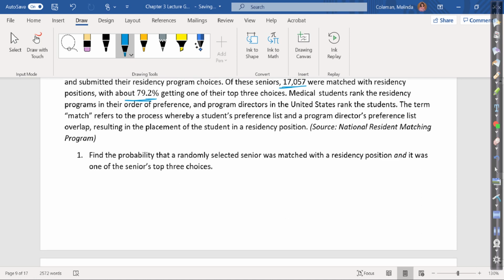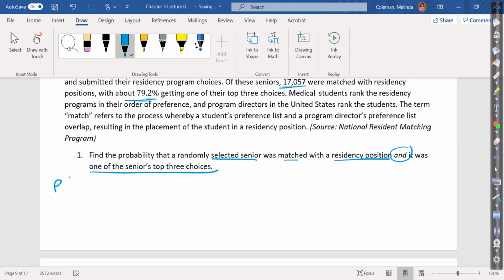So, all that to ask the question. Find the probability that a randomly selected senior was matched. So a randomly selected senior was matched with a residency position, and it was one of their top 3 choices.